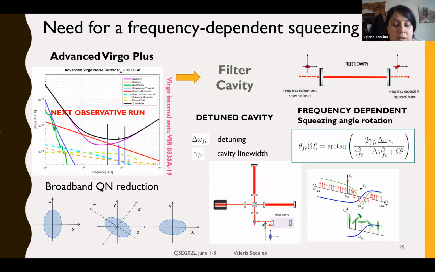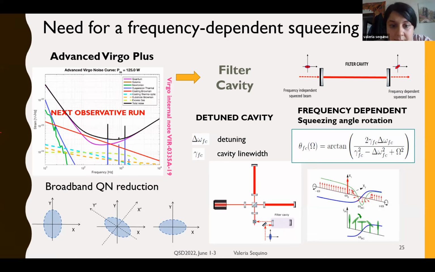Many changes were made, mostly to improve the sensitivity of the interferometer in the low frequency part of the detection band. Since quantum noise cannot be eliminated, it is now the noise that also limits the sensitivity in this part of the band.